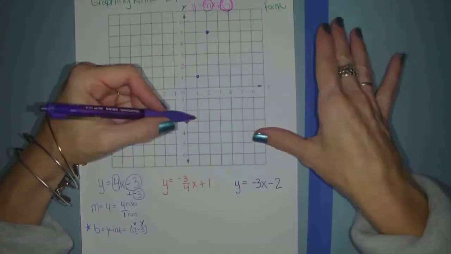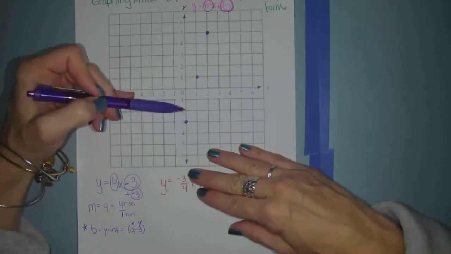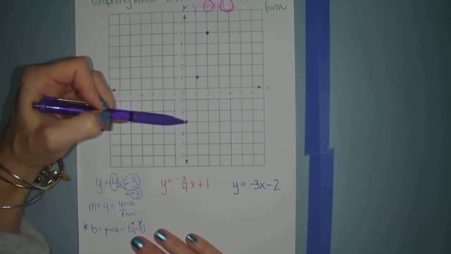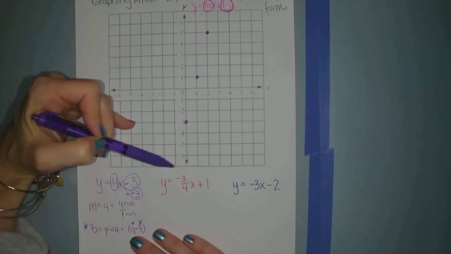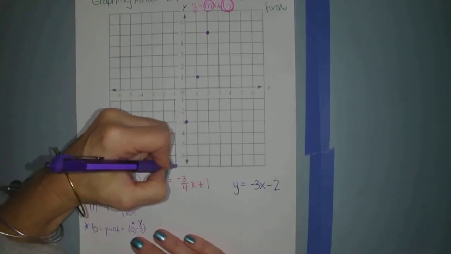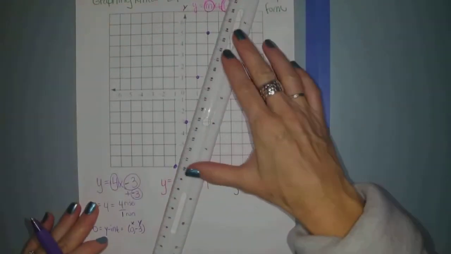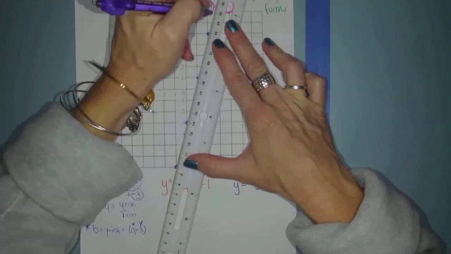Now the opposite, if I went in the other direction, so instead of going up 4 and right 1, I could do the exact opposite: down 2, 3, 4, left 1. And that will line you up another point. So you take your ruler, grab mine here, and you connect the dots, and this is the graph of the purple line.